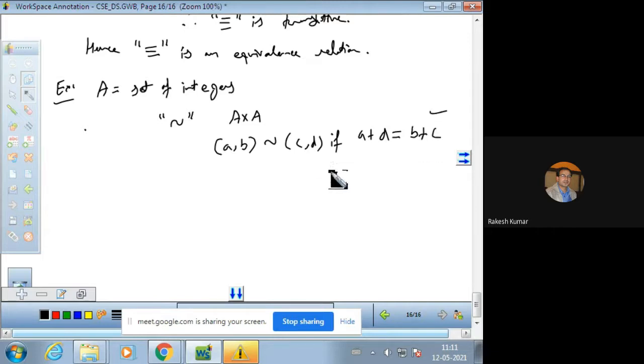So this is the relation defined, and prove that this relation is an equivalence relation.